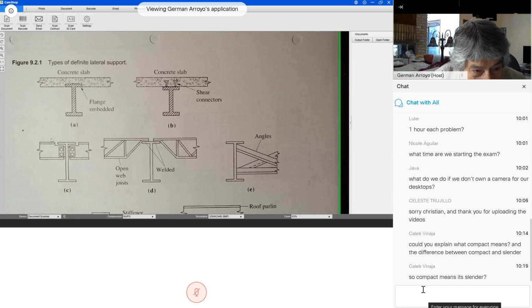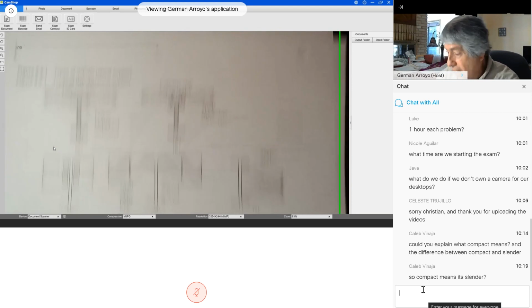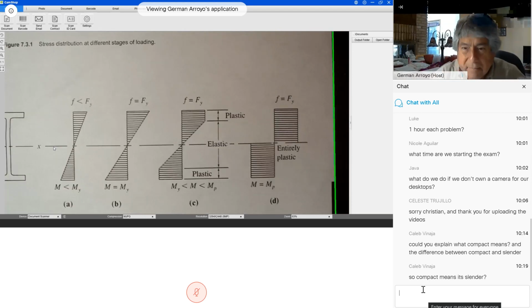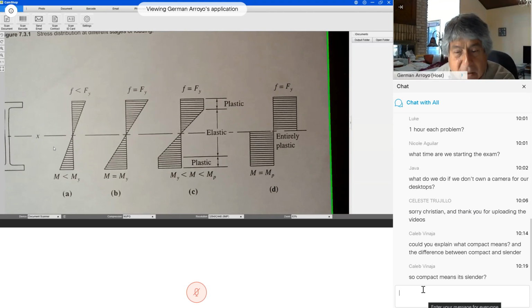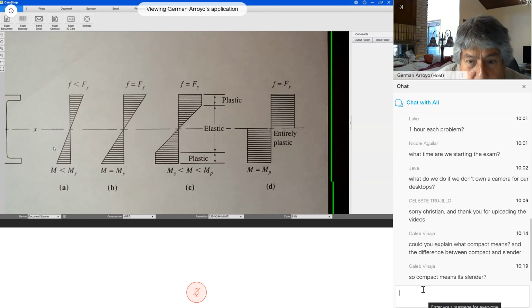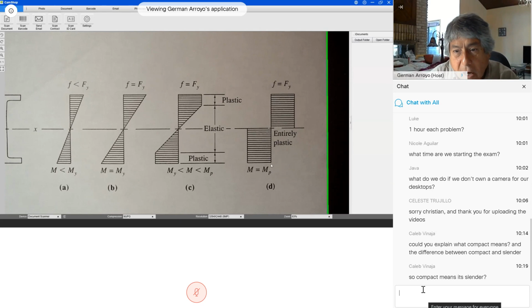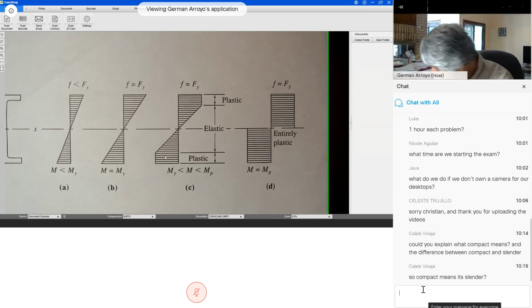And here, because it's just braced, it's not continuously braced, the flange between the braces could bend. So a section that is compact and is braced continuously, no matter how much load you apply, this will develop. So only a compact section can develop a plastic hinge. But even if the section is compact, if it's not properly braced, it's not going to develop a plastic hinge.